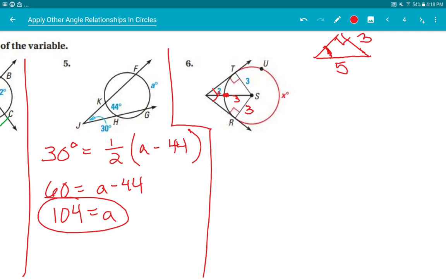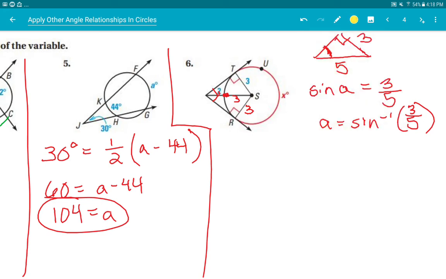That comes along with some trigonometry. So what ratio do I have? Looks like I have opposite and hypotenuse, so that's going to be a sine. So sine of this angle, let's call it A, is equal to 3/5. So A is equal to the sine inverse of 3/5. Just so I don't go back and forth with the calculator just yet, that's what this little angle in here is equal to.